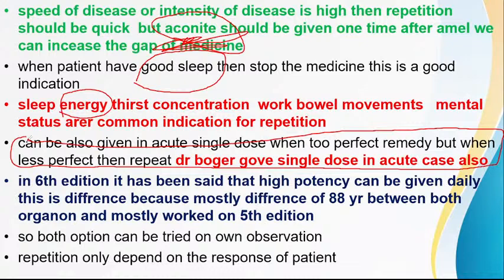They didn't follow the sixth edition, because all the great homeopaths belonged to the era of the fifth edition, and the sixth edition obviously came recently, after 88 years. So most of the tentative rules were made with the help of the fifth edition. So this is basically the conflict. This type of repetition conflict arises from this.